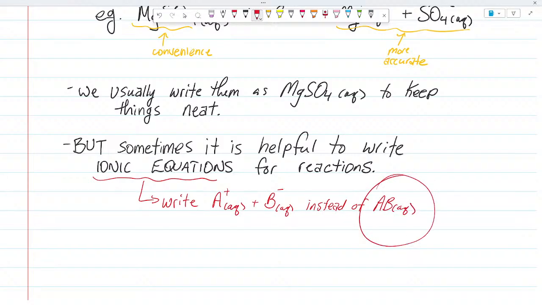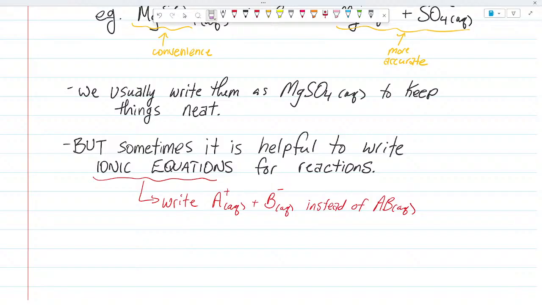This is what we're going to do most often, but sometimes we'll write it this way instead, and we call that an ionic equation. It's messier, right? You can see right away it's messier, right? But you'll see why it can be useful as well.